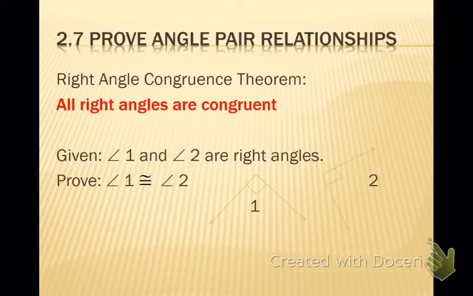If we ever decide that two angles are right angles, then our next step would be that angle 1 is congruent to angle 2, and the reason would be the right angles congruence theorem. We can use that as a reason now, to show the two angles are congruent.